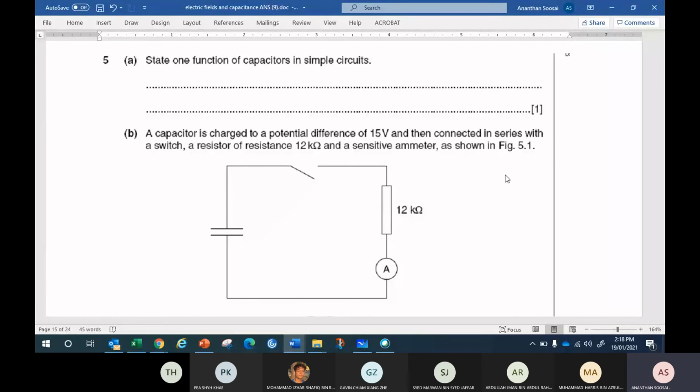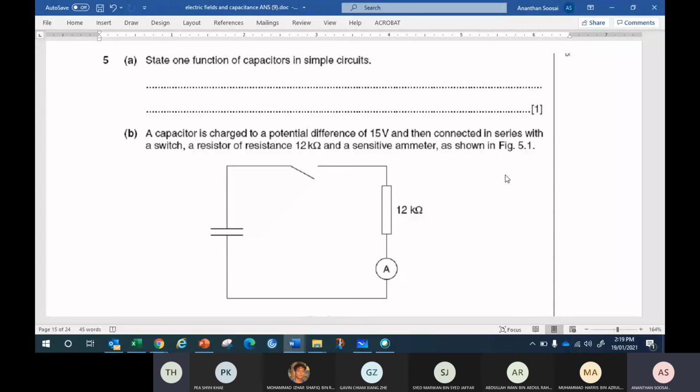State one function of capacitor in simple circuits. Anybody? Shinho, yeah. Shinho? Yes. What do you think? One function of the capacitor in a simple circuit.